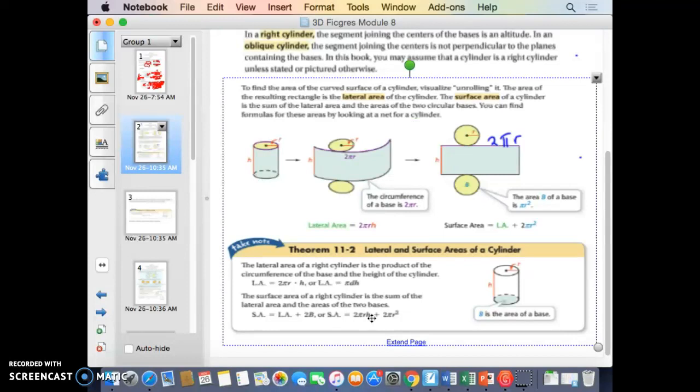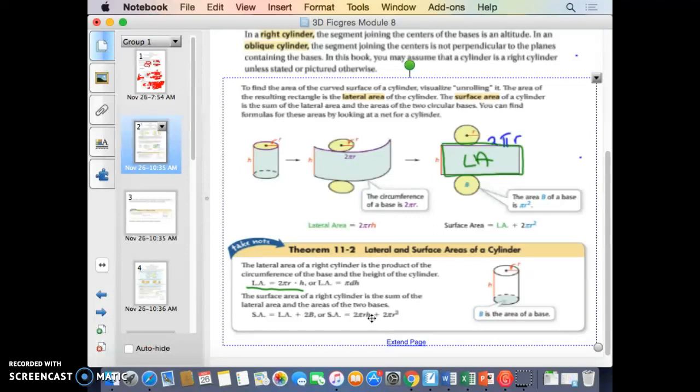So please note, this is the formula I would use: lateral area is 2 pi r times h. So the lateral area is going to be the area here of the rectangle that makes up the cylinder. All right? And so you can see that you're going to multiply 2 pi r times h.